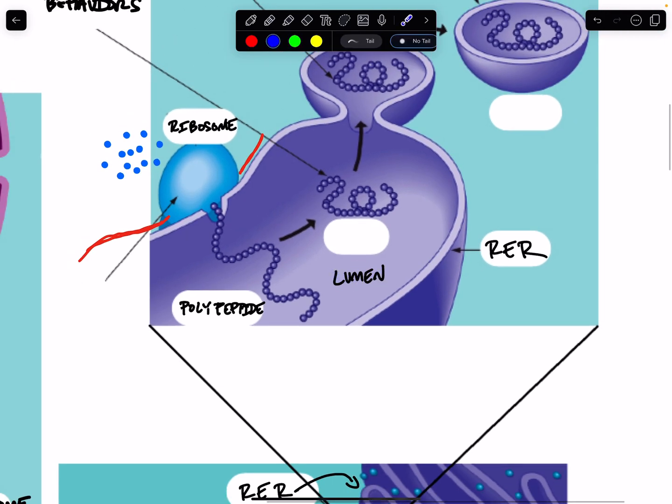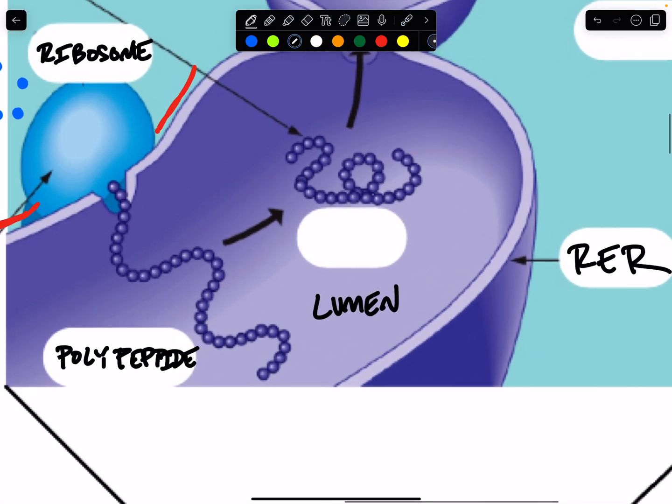So in the lumen of the rough endoplasmic reticulum, there's going to be a bunch of other proteins that help take this polypeptide and fold it into a protein. So it's now taken on a secondary, maybe tertiary structure.